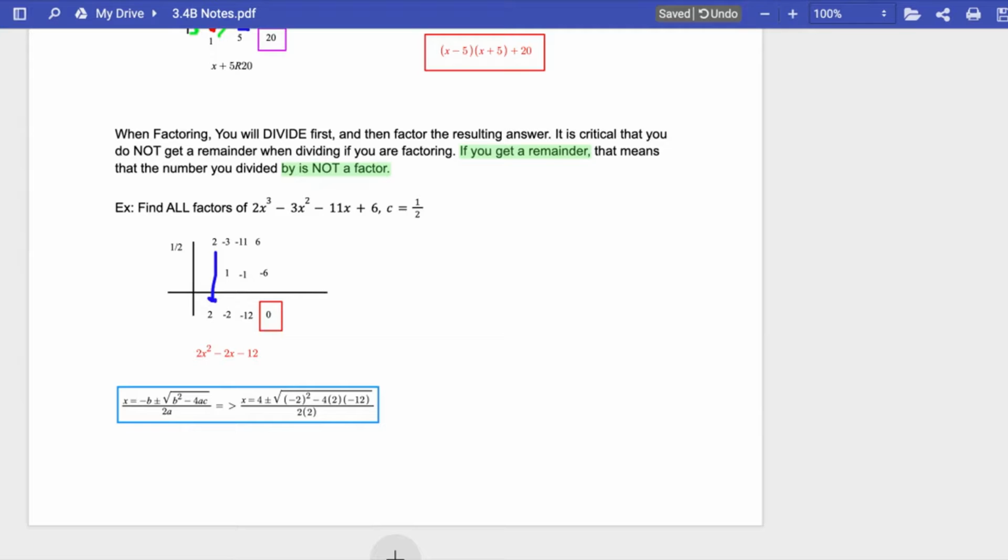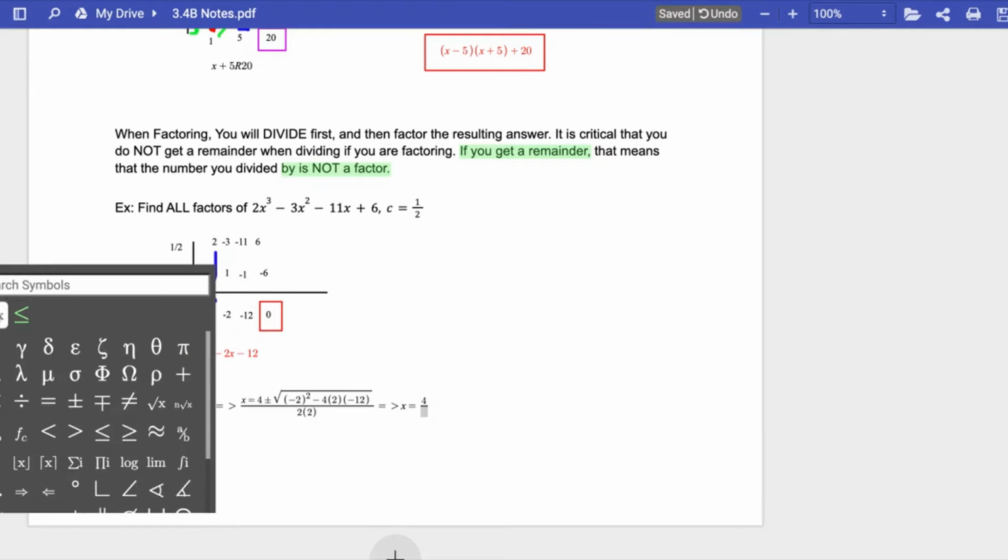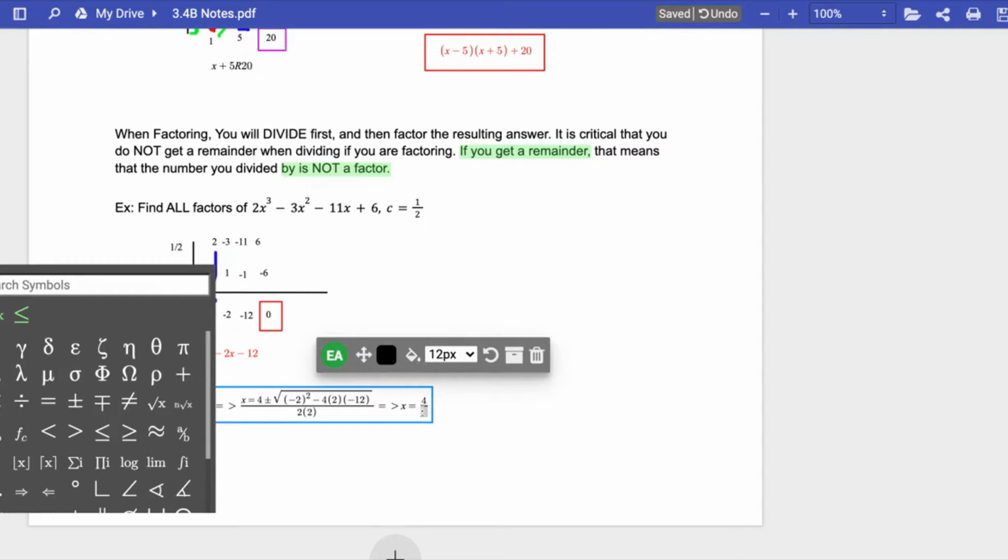All right, if I start to simplify this, then x is going to equal 4, and then again I want to use that plus or minus. Plus or minus the square root of -2 squared is 4.